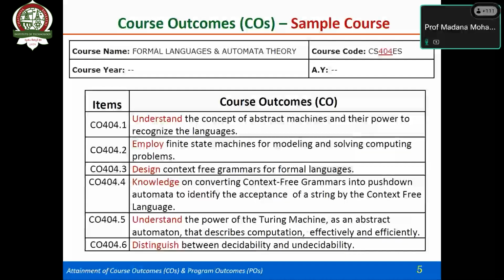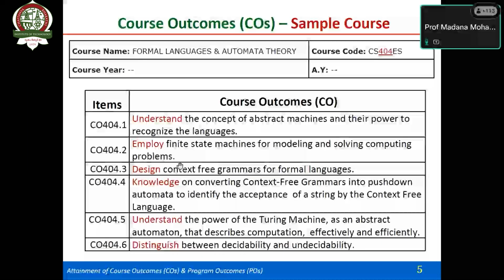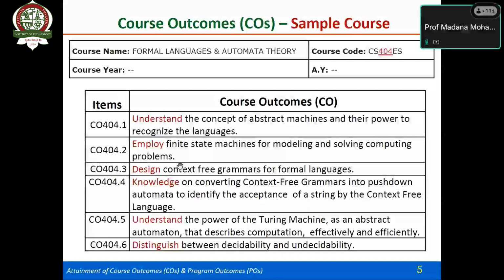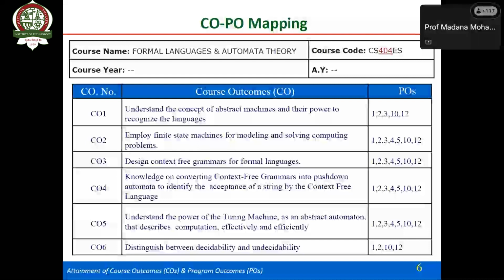It is required even in any computer science stream; this is the fundamental core, mandatory subject. That's why lifelong learning is also related. Like that, every CO you can correlate with related POs. Here we just listed the related POs only, but the level of correlation we will see next. That we will call the CO-PO articulation matrix, or simply the CO-PO matrix.